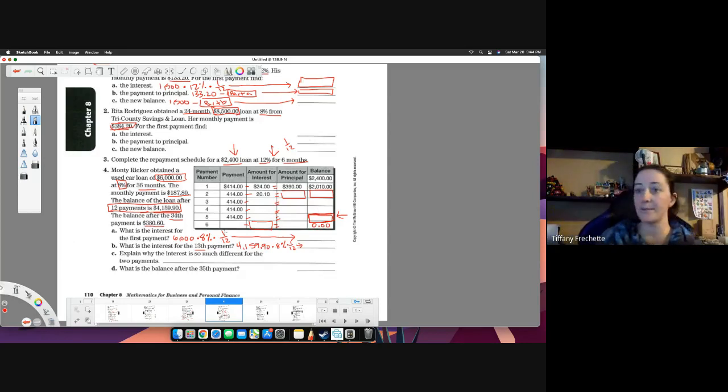All right, so what is the balance after the 35th payment? They told us the balance after the 34th payment was $380.60. So we want to take $380.60 multiplied by our 8% times 1/12. And that'll tell us our interest for the 35th payment.